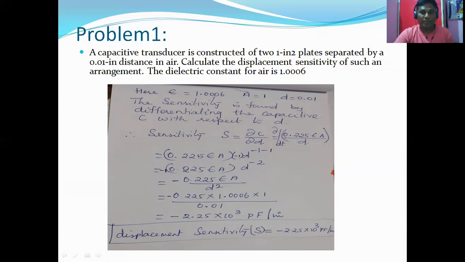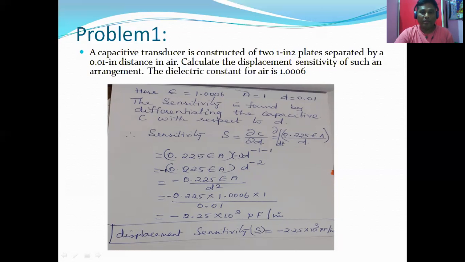So displacement sensitivity, denoted by capital S, is obtained by differentiating the capacitance, that is, differentiating epsilon A divided by d.